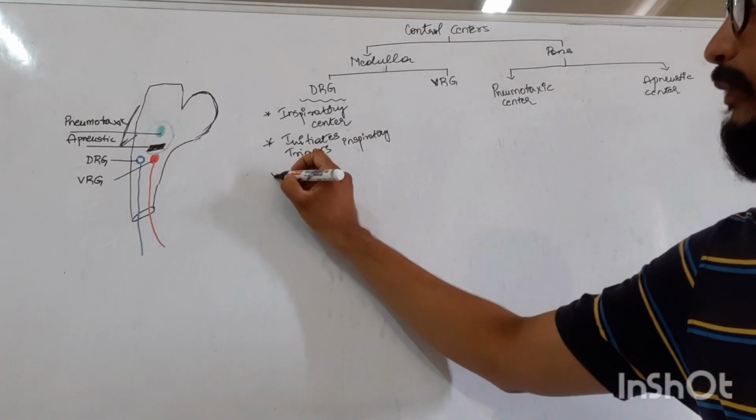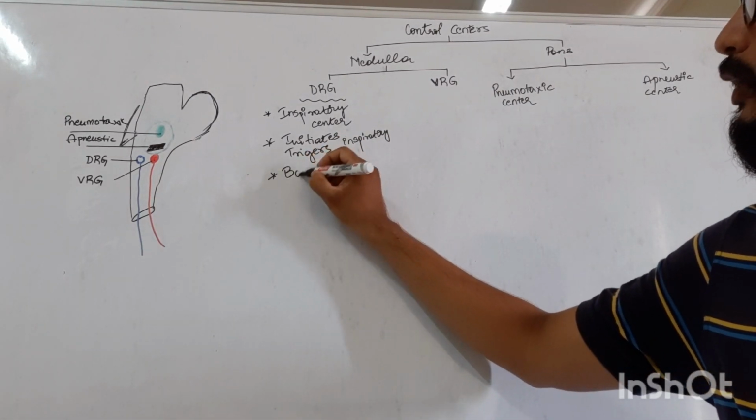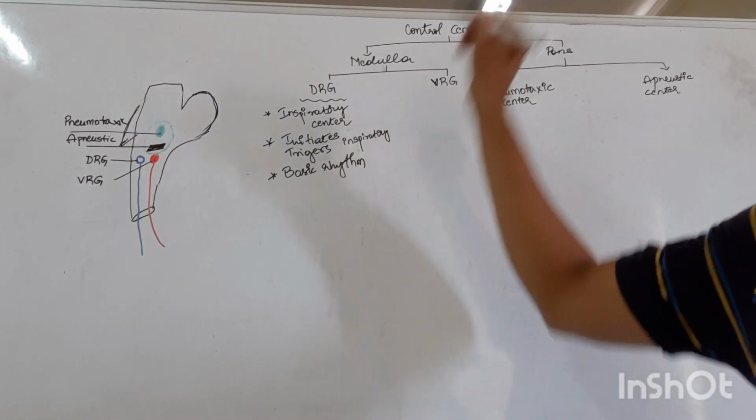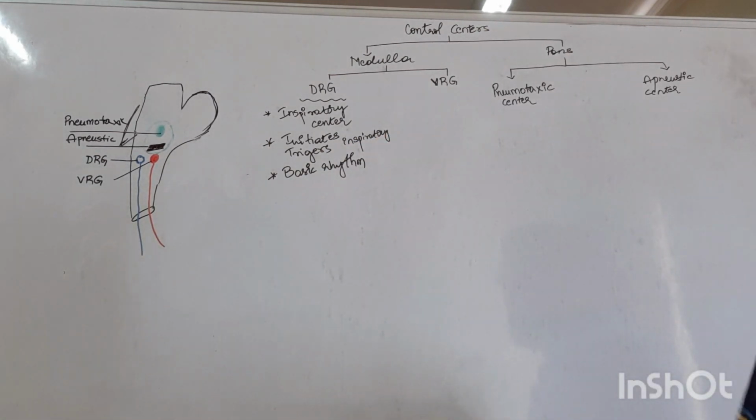Therefore, this is the one which will control the basic rhythm of the respiration. So the basic rhythm of the respiration is controlled by the dorsal respiratory group of neurons.